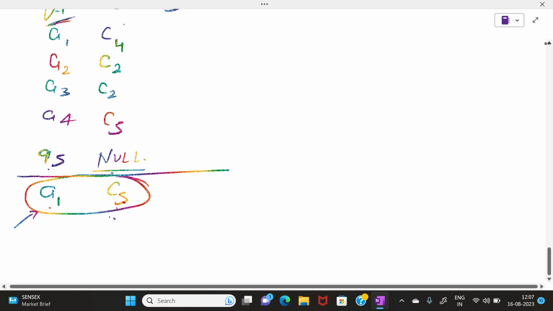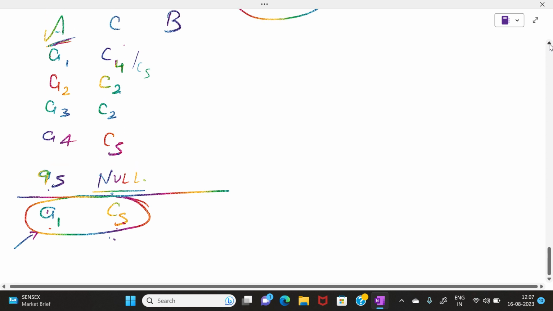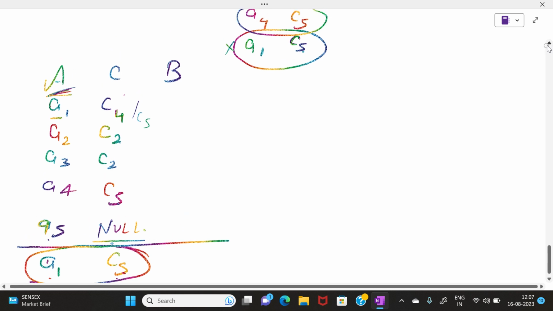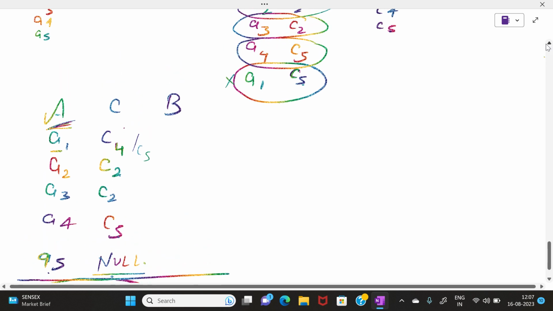If we add this, there will be a duplication of this record again. Otherwise we need to have this here as C5, so this will be a multi-valued attribute here. So in all, we can't do this combination. If we do this, then definitely our candidate key won't be A here, right? So this way we can't combine these entity sets together into one single table, right?